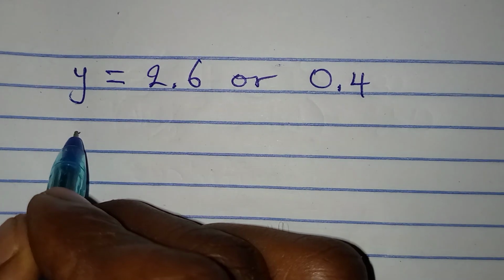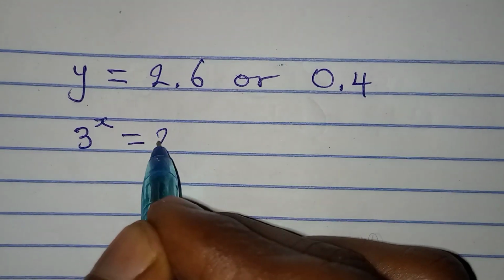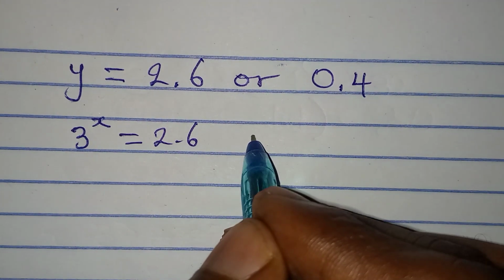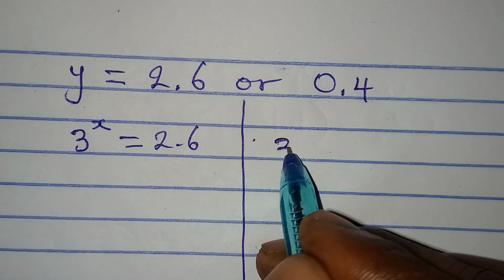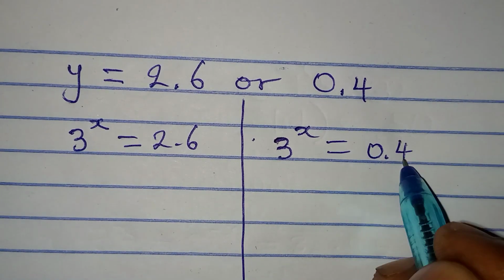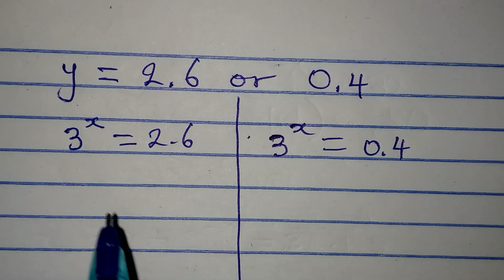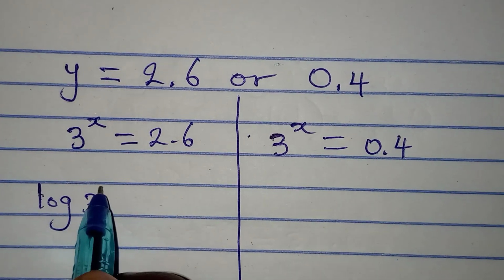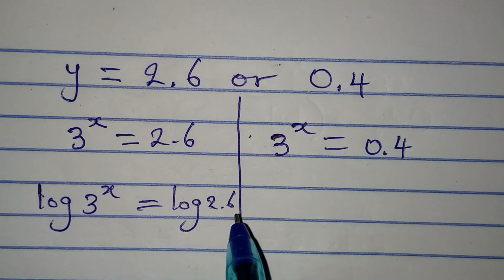Remember when we say that y is equal to 3 to the power of x, which will be equal to 2.6. Or on this side, let me do it in two ways. On this side, 3 to the power of x will be equal to 0.4. Now, for me to take a step further, I have to take log of both sides, so that I will have log 3 to the power of x equals log 2.6.